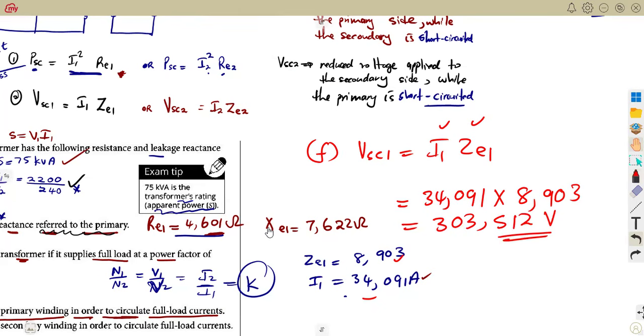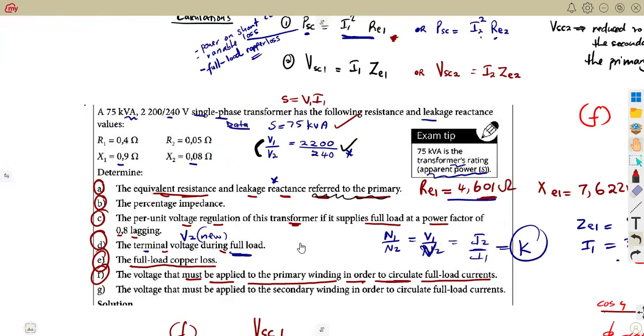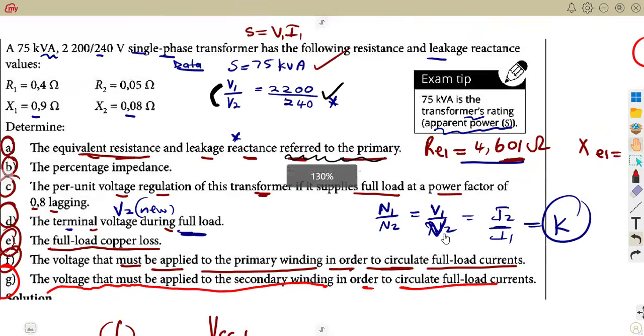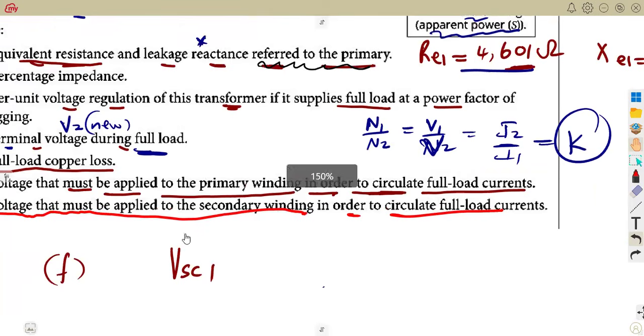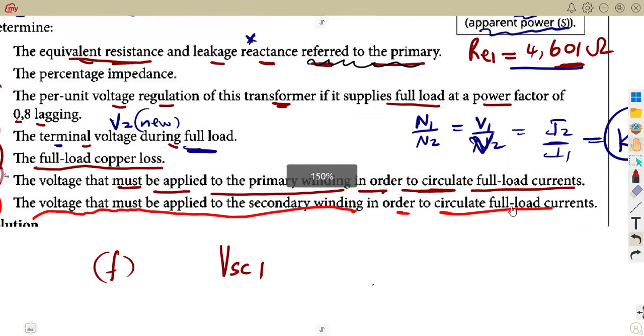The reduced voltage applied to the primary side, while at that moment the secondary is short circuited. Then they want you to calculate the voltage that must be applied this time to the secondary winding in order to circulate full load. We are now on the secondary. This is the one applied to the secondary.